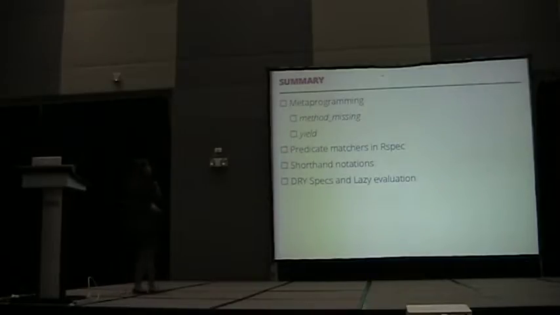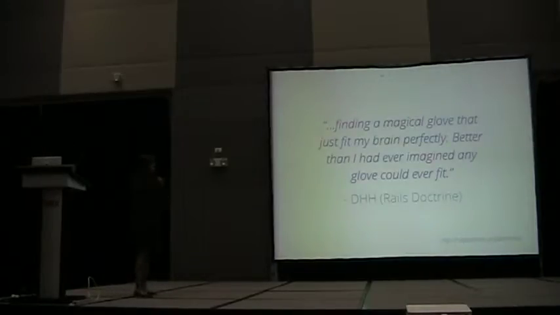So to sort of wrap up everything, again in the words of DHH, Ruby was like finding a magical glove that just fit my brain perfectly, better than I had ever imagined a glove fitting. And when I read this, I just like, yes, that is the quote I'm going to use in my talk, because it just makes sense, and it was true for me at least.